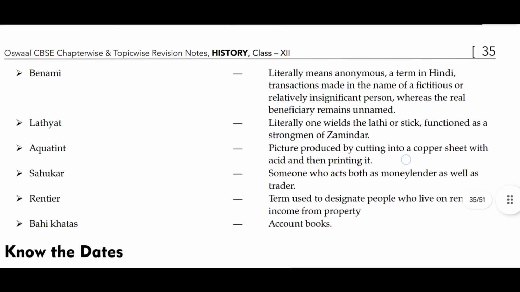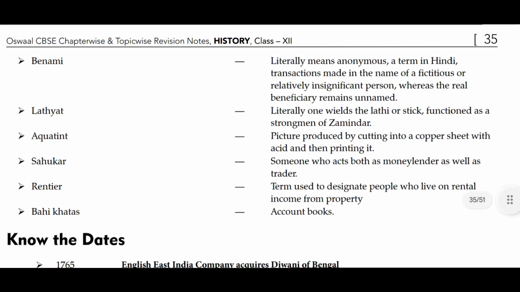Next word is Benami. Benami literally means anonymous, a term in Hindi. Transactions made in the name of a fictitious or relatively insignificant person, whereas the real beneficiary remains unnamed. Lathial is literally one who wields the lathi or stick, and functioned as a strongman of the zamindar.